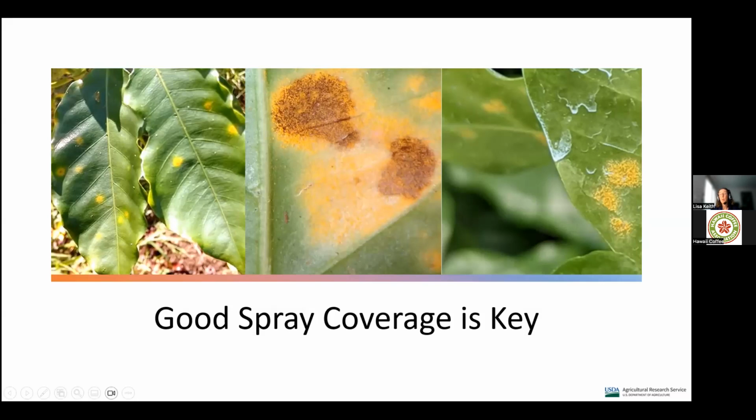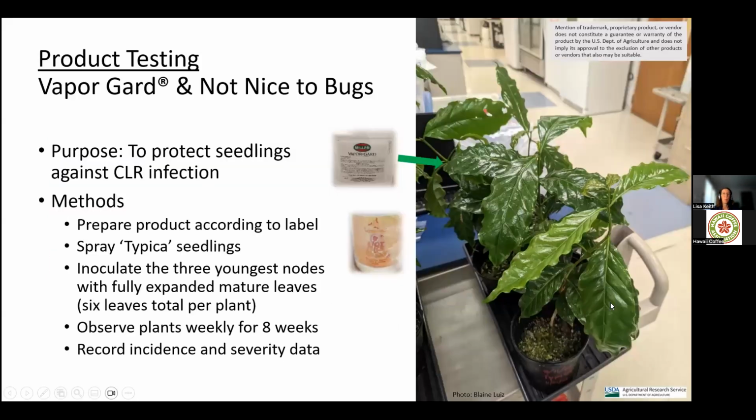We understand it is labor intensive and time sensitive, but that is the best example of where coverage is key. Even not getting good coverage on a potted plant with the product leads to symptom development and spore production.